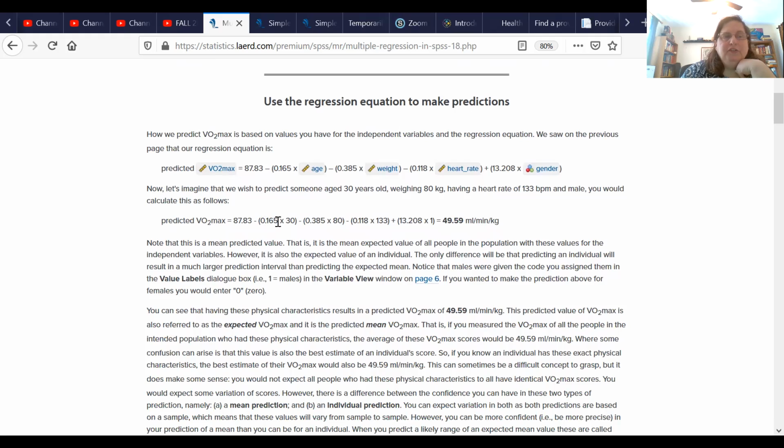Minus 0.165 times 30 years old, minus 0.385 times 80 kilograms, minus 0.118 times 133 beats per minute, plus 13.208 times male, because 1 is male, equals 49.59 VO2 max. Okay.